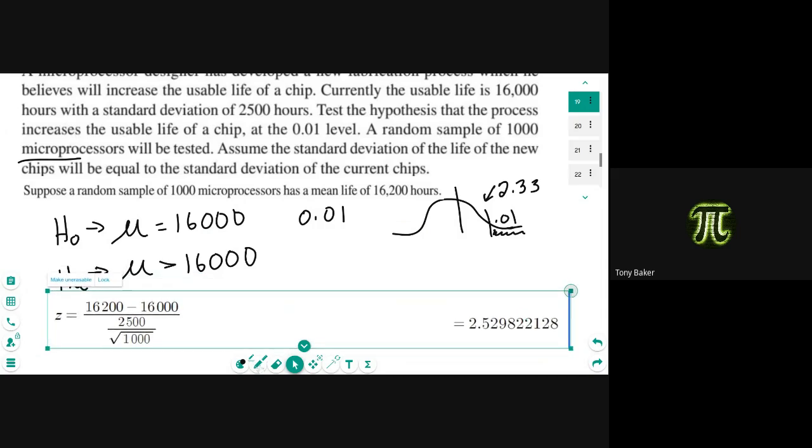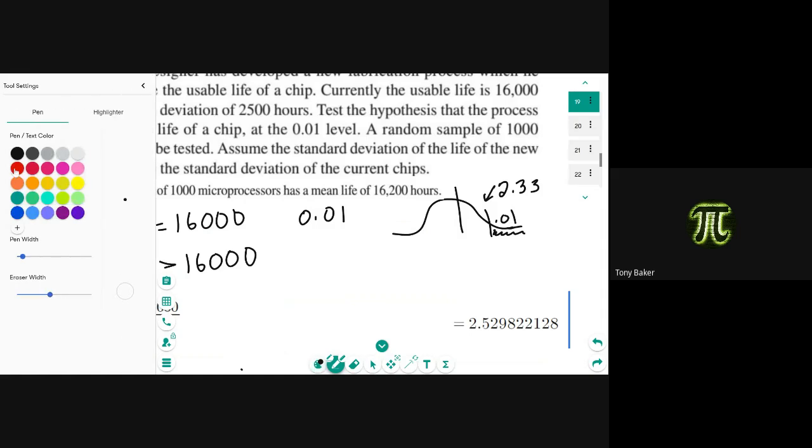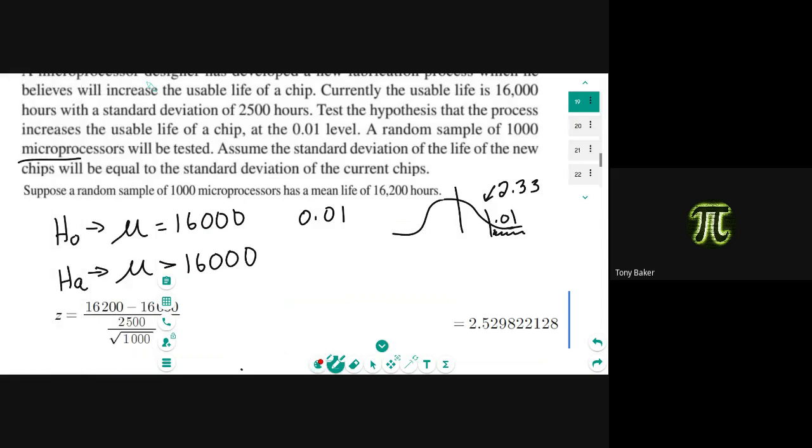All right, so that's what we got. So 2.53 is somewhere over there. So it's inside. So it is inside the rejection region. So we are rejecting the null hypothesis.